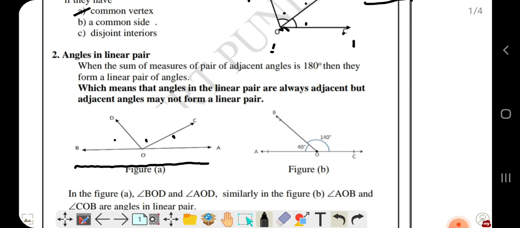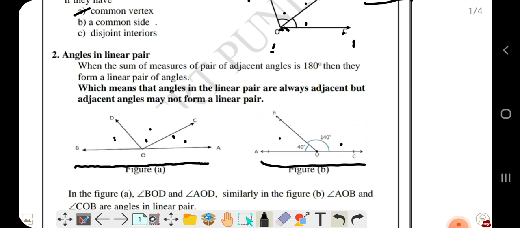Now let us see this. When the sum of measures of a pair of adjacent angles is 180, if the addition of these angles is 180, then they form a linear pair of angles. Or we can see here in this figure B, the second diagram, AC is a line on which two angles are forming, angle BOC and angle AOB.